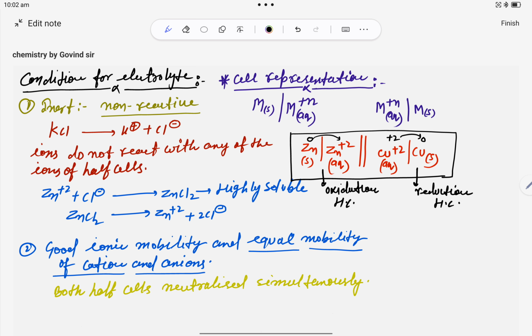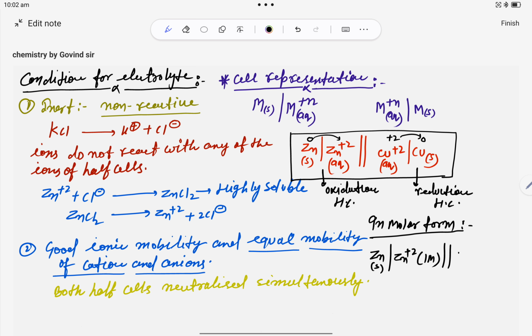There will be one problem in molar form. How to represent? When molarity is given, see Zn solid, so solid state has no molarity, Zn2 plus, here you have to represent molarity.